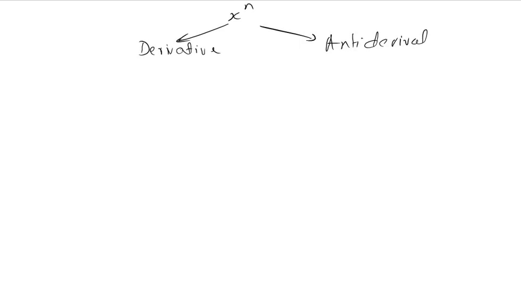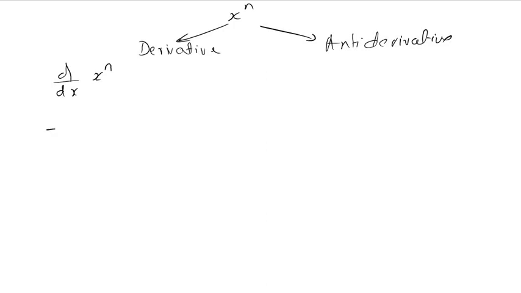So let's compare x to the power n and look at the derivative and the antiderivative. Derivative, if you remember, d over dx of x to the power n: when you differentiate the function, you multiply by the power n and subtract 1.